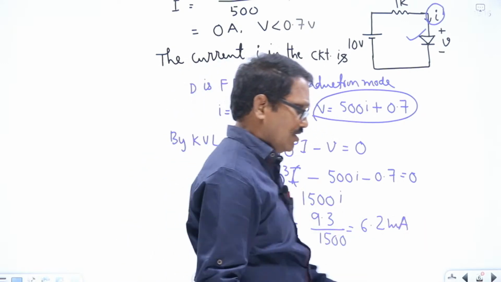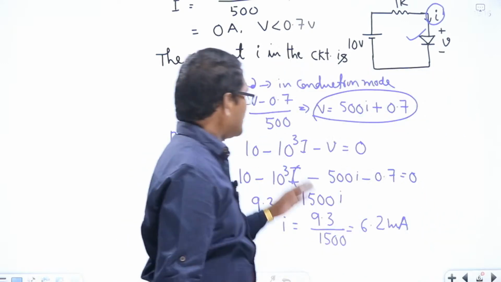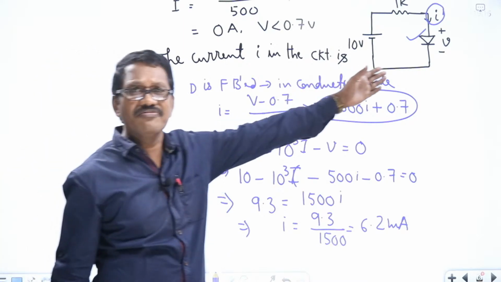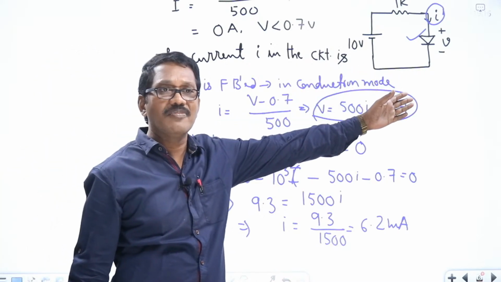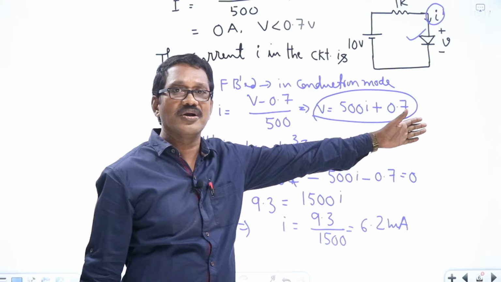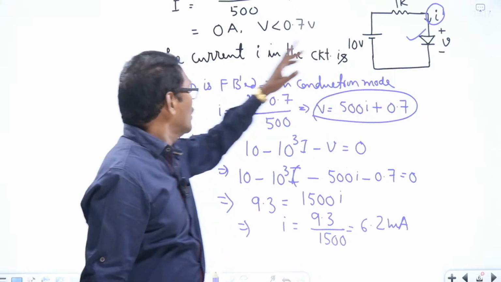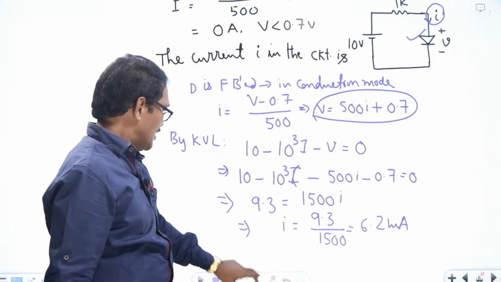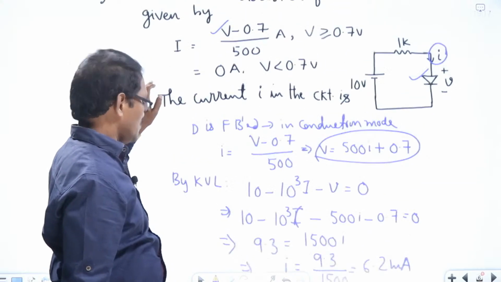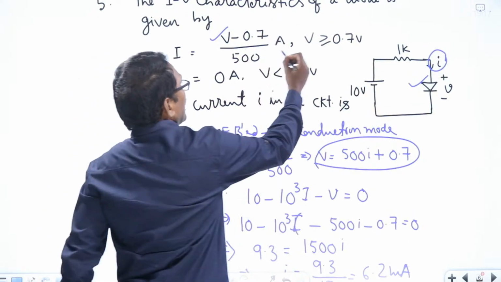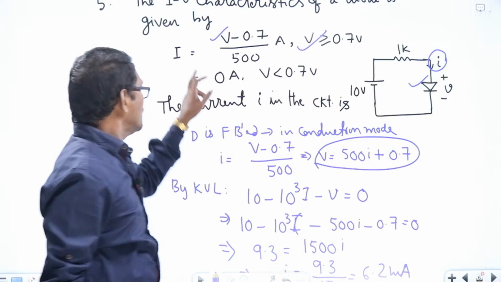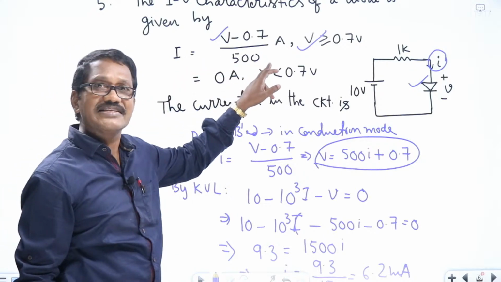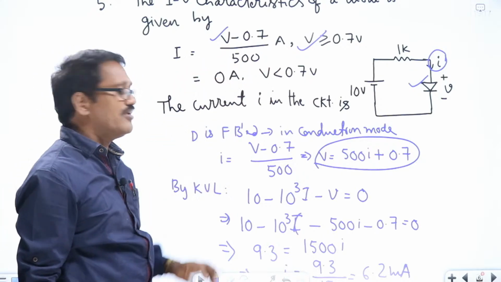This is also one of the important problems. Just observe, simple only. The diode is in forward bias. Forward bias means it is in conduction mode. In conduction mode, V is greater than or equal to 0.7 volts. In conduction mode, the equation for current is V minus 0.7 by 500.